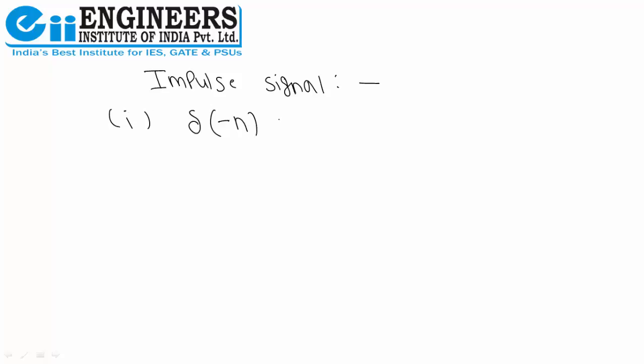Now if I talk about the basic properties of these signals, mainly we have discussed the properties of the impulse signal in the continuous time domain. They are absolutely the same. Like here also, the impulse signal is an even signal. Here also the multiplication property will be present.